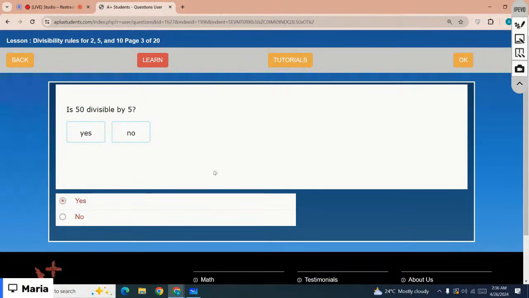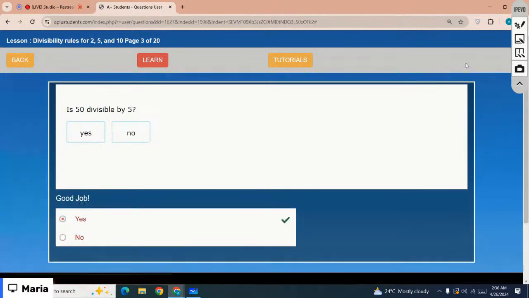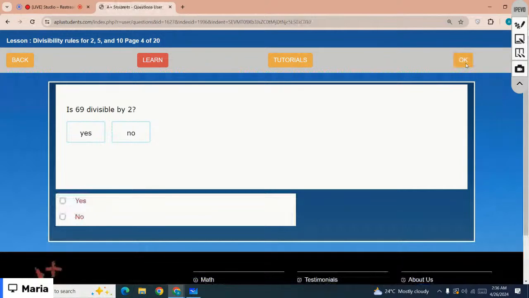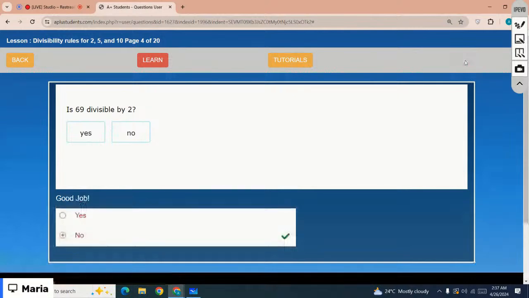Very good. Is 69 divisible by 2? The correct option is no, 69 is not divisible by 2.